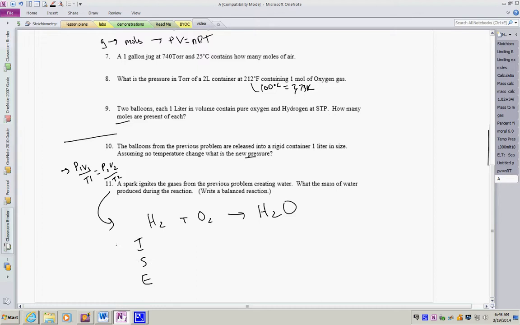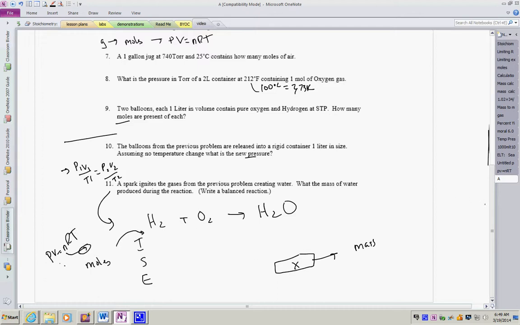A couple things you want to know: these have to be in moles. Once you're in moles, they want you to find your ending moles of water and convert that back to mass. How do you get the moles? We'll use PV equals nRT. The moles will allow us to get in there.